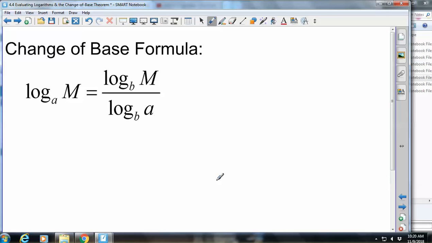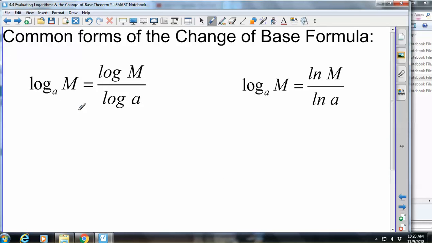Typically when we do this, we are going to be changing it so we can use our calculator easily. So we're going to be changing to either base 10 or the natural log. So the most common forms would just be using regular log or ln, log of the argument over log of the base. It won't matter which one you use, you'll get the same answer there.